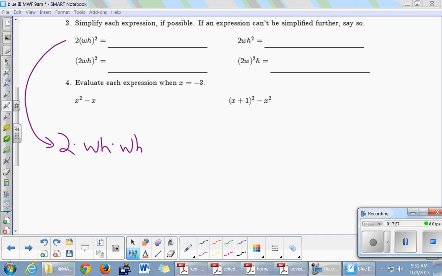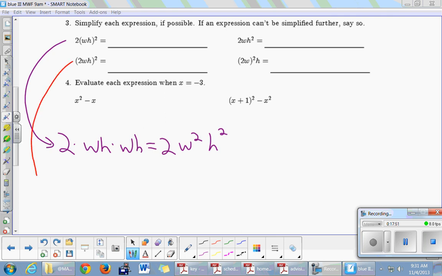What wasn't being squared in this problem was the 2, which is why there's just a solitary 2 as opposed to another copy of the 2, right? Just WH is squared. And then we say, okay, that's 2, and then W times W is W squared, and then H times H is H squared. So 2W squared H squared. That's the answer to that one.